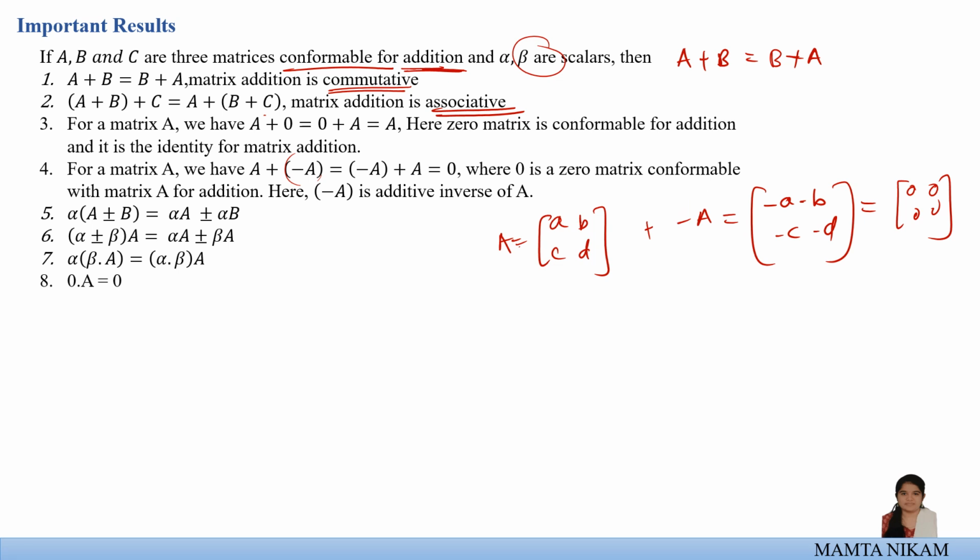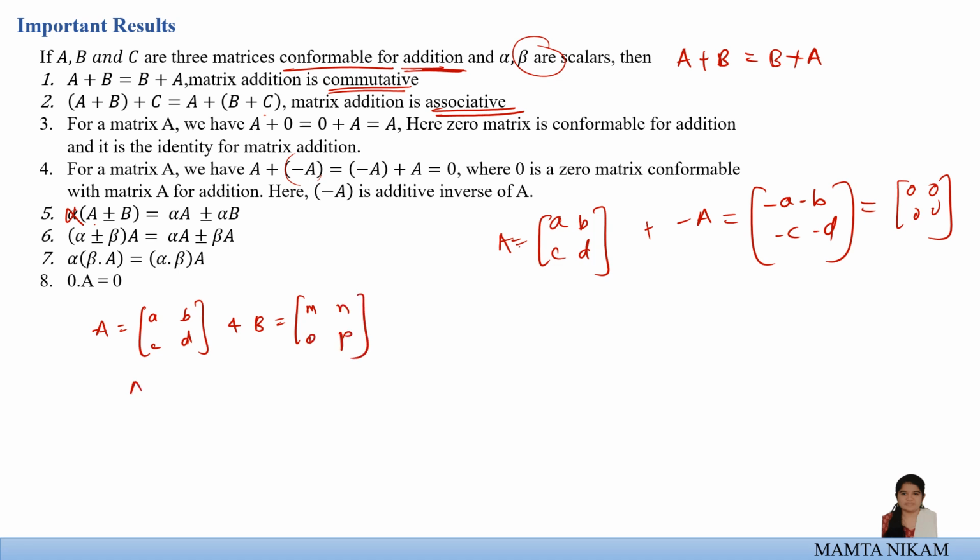Then the next property says if you multiply any scalar, say alpha, to A plus B or A minus B, then it is always equal to alpha A plus or minus alpha B. Suppose we have matrix A as [A, B; C, D] and matrix B as [M, N; O, P].